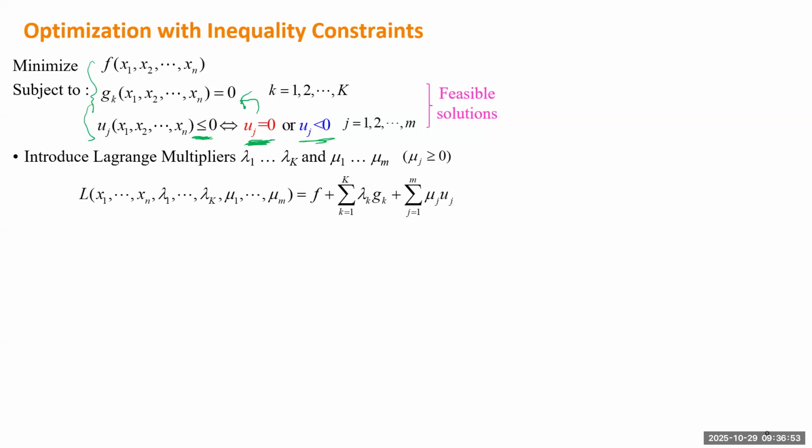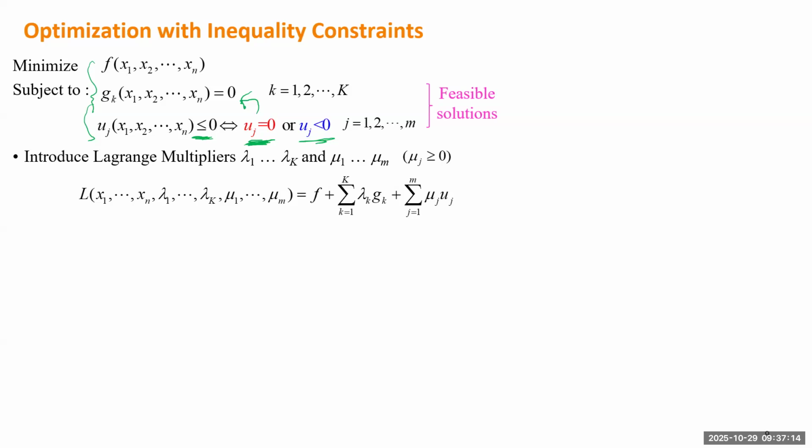When we deal with the equality constraints, we only introduce lambda. We didn't mention that lambda has to be positive or negative, because in that case we want the stationary points. We want to find stationary points of the Lagrange function. Once you find the stationary points, that will make sure the equality constraints can be satisfied.